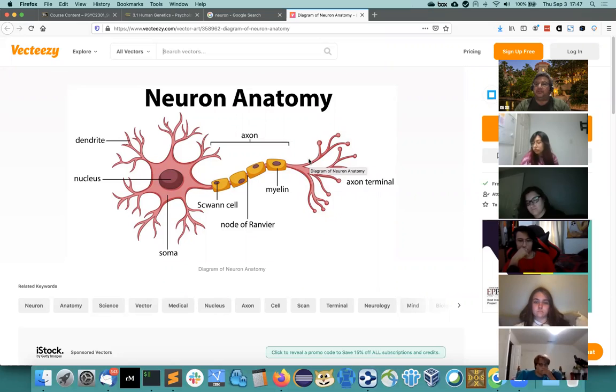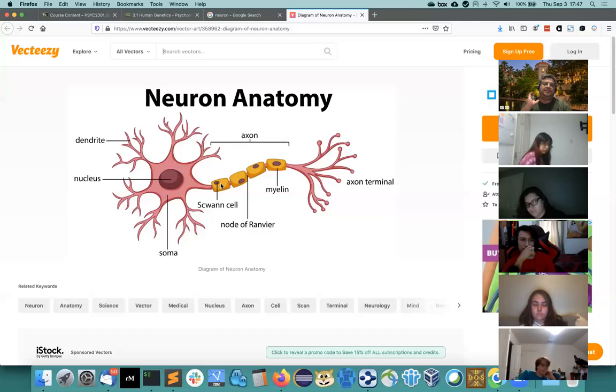It's a weird name, a strange word. Don't worry about where it comes from. It's got a long history, but it's hard to explain. And then there are these little sausages of fat that are wrapped around the axon. They insulate it so that the signal can travel quicker. A lot of the magic happens at the end of the axon terminal.